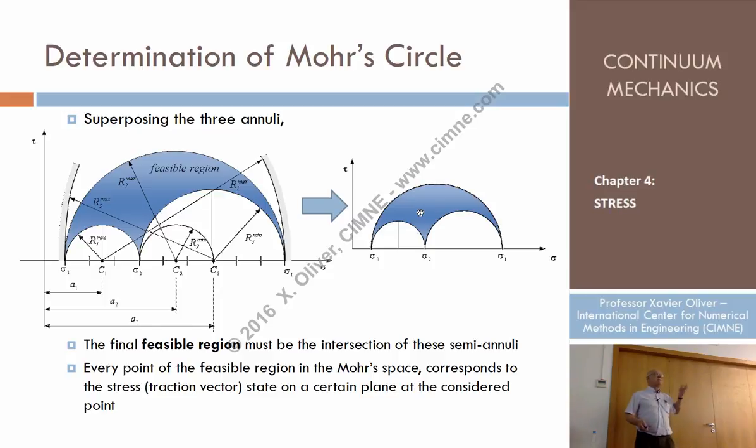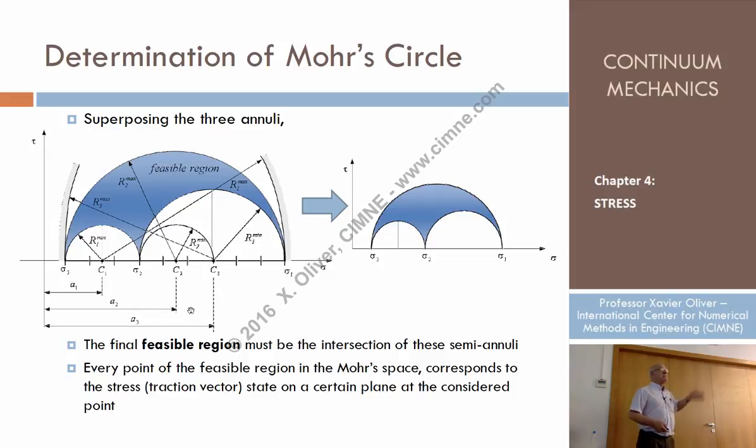So all representative points of the stress tractions in any plane passing through that point, don't forget that the starting point of that is sigma 1, the principal stresses, which in turn could be obtained by diagonalization of any stress state. So I have a stress state in a point, the stress tensor. I diagonalize the stress tensor.